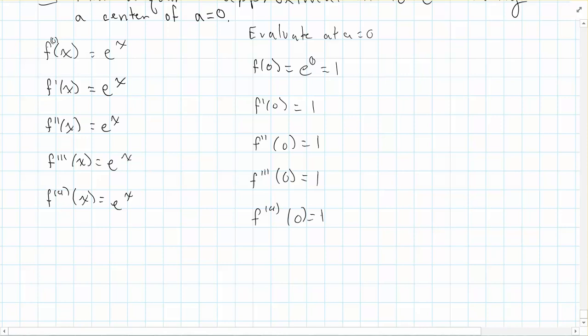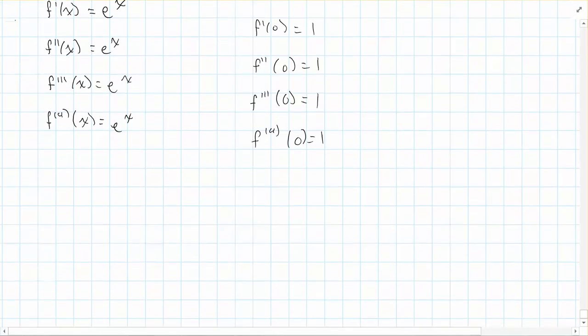Alright, so then we need to write the equation down here.